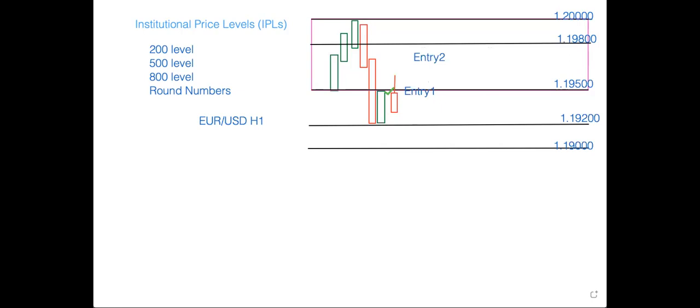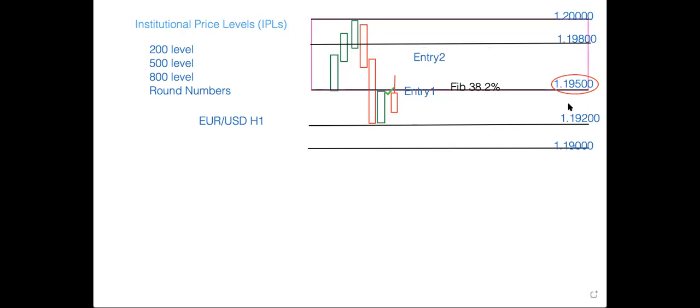We have the IPL level, as well as we can see the Fibonacci 38.2% as well. So this is a good level to enter the market.